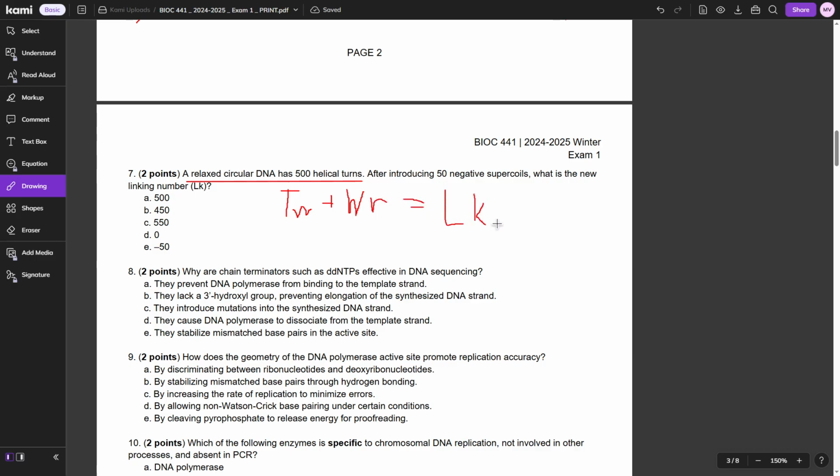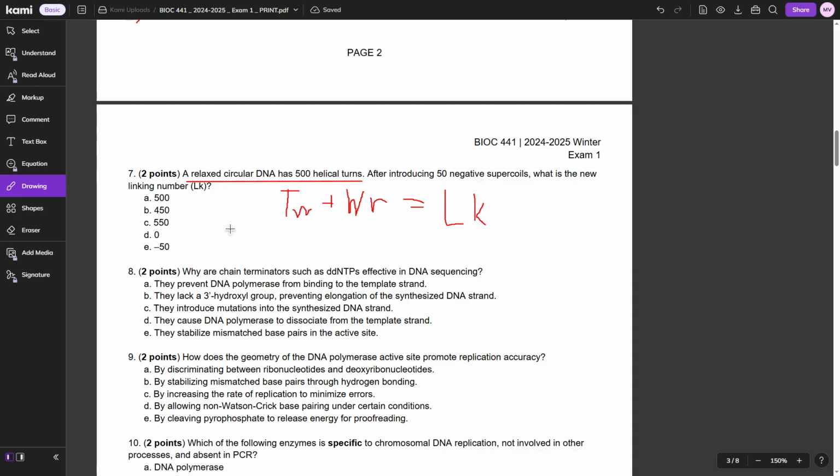And remember that DNA is usually coiled in the right-hand direction in terms of twist. So twist is right-handed, and generally when I'm doing twist plus writhe, the writhe is usually right-handed as well. So if I have 500 twist and some positive writhe, it's going to be 500 plus 50, which is 550 linking number.